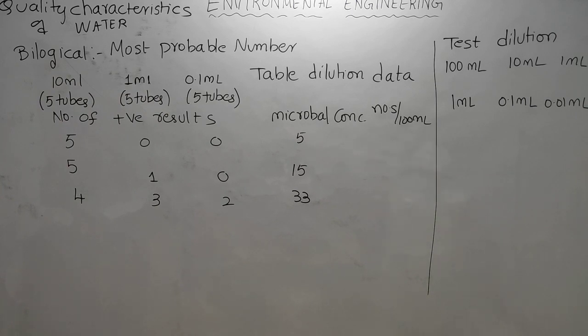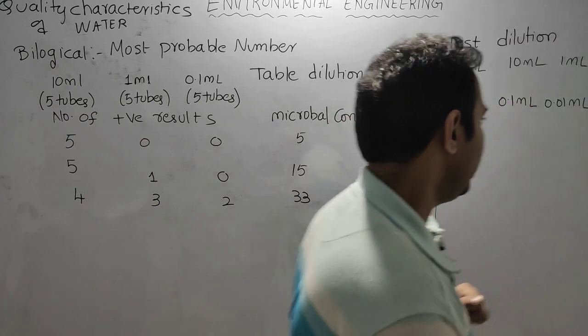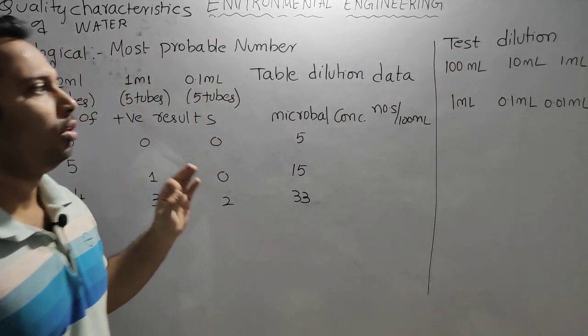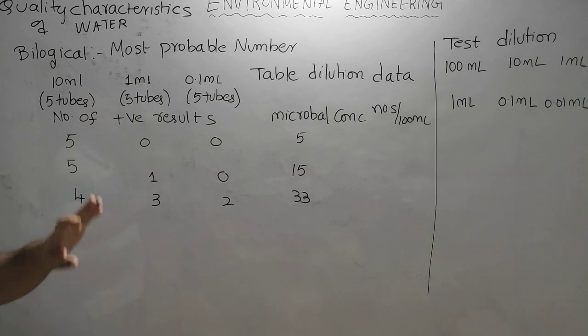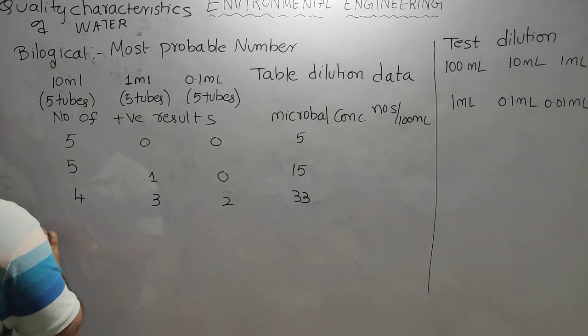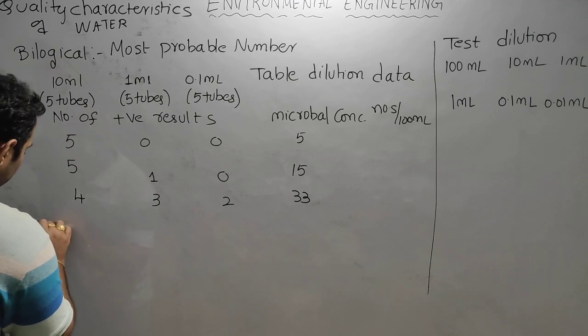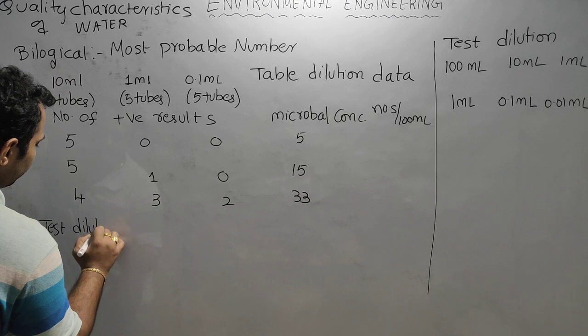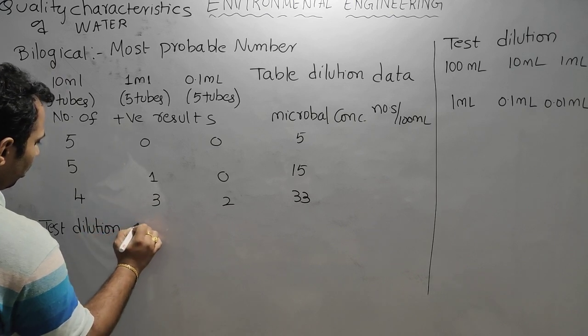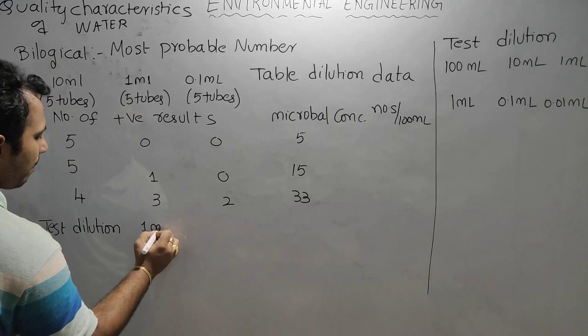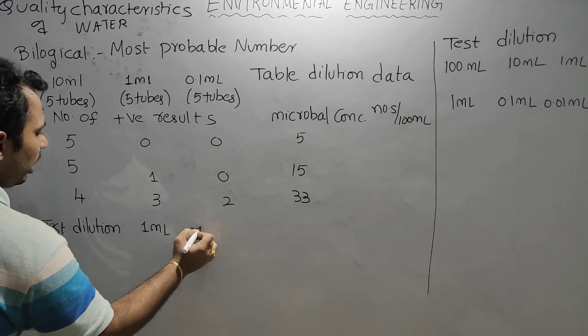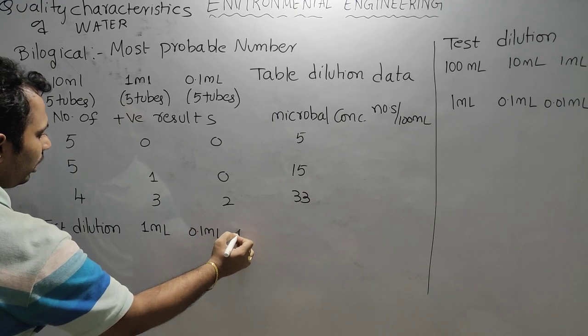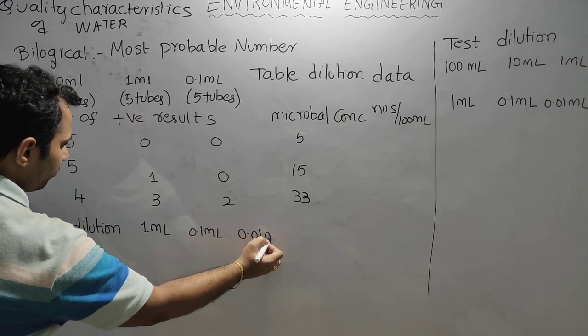For example, you have taken a test dilution of 1 ml, 0.1 ml and 0.01 ml.